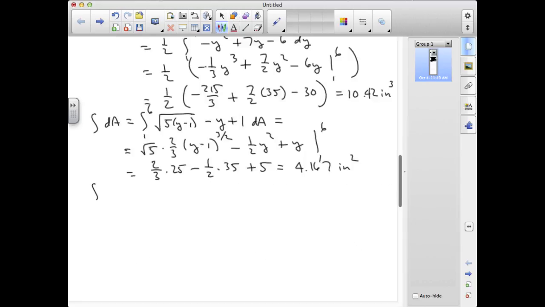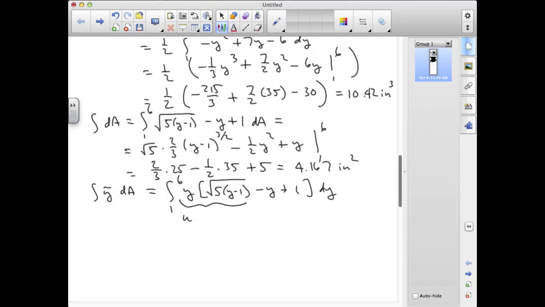Finally, we have the numerator in y bar. This is the most complicated of the three in terms of integration. It ends up looking like this. And here, if we focus on this first term, we can do this by substitution.